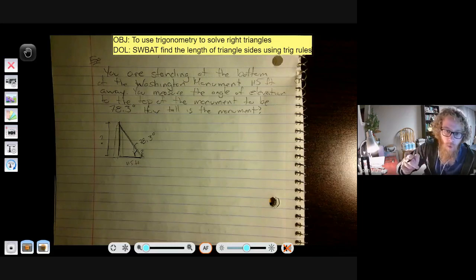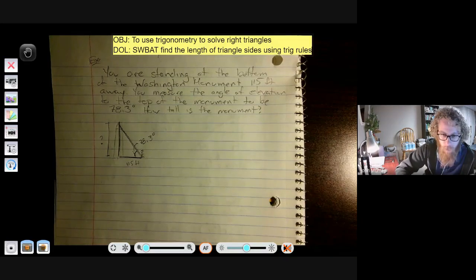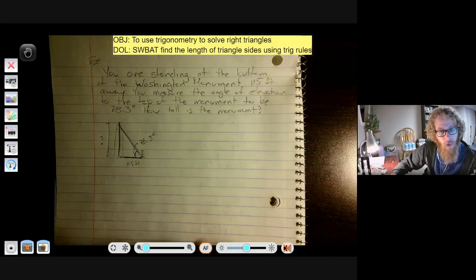So we're going to do two things. The first thing we're going to do is determine which trigonometric function we need to use. We're going to usually stick with our three basic ones: sine, cosine, and tangent. So with my angle here, we label the side that we know, and we label the side that we're looking to solve.